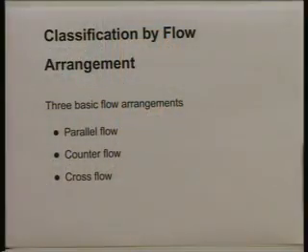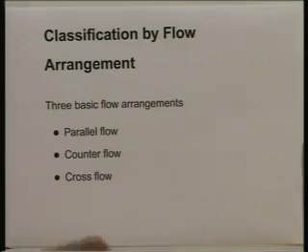We can also classify direct transfer type heat exchangers by the flow arrangement. We can use that also as a description of a direct transfer type heat exchanger, like we have described them in terms of the geometry, when we say they are tubular, or plate heat exchangers, or extended surface heat exchangers.